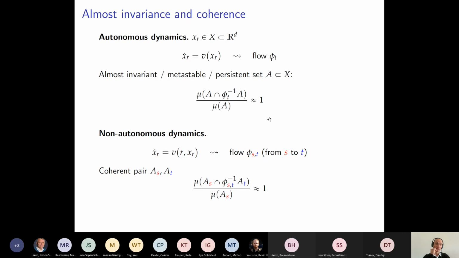And you can set a specific time scale t, which is somehow inherent to your problem, and set that as a proxy. So you can fix t and say, I want to have sets which have a minimum or an exact volume, such that they are almost invariant.